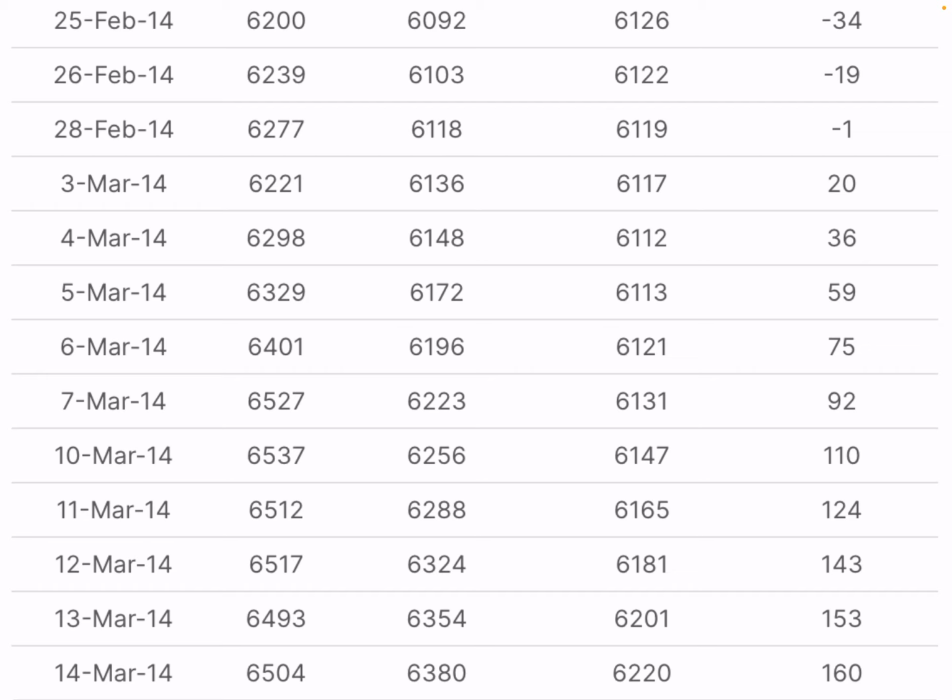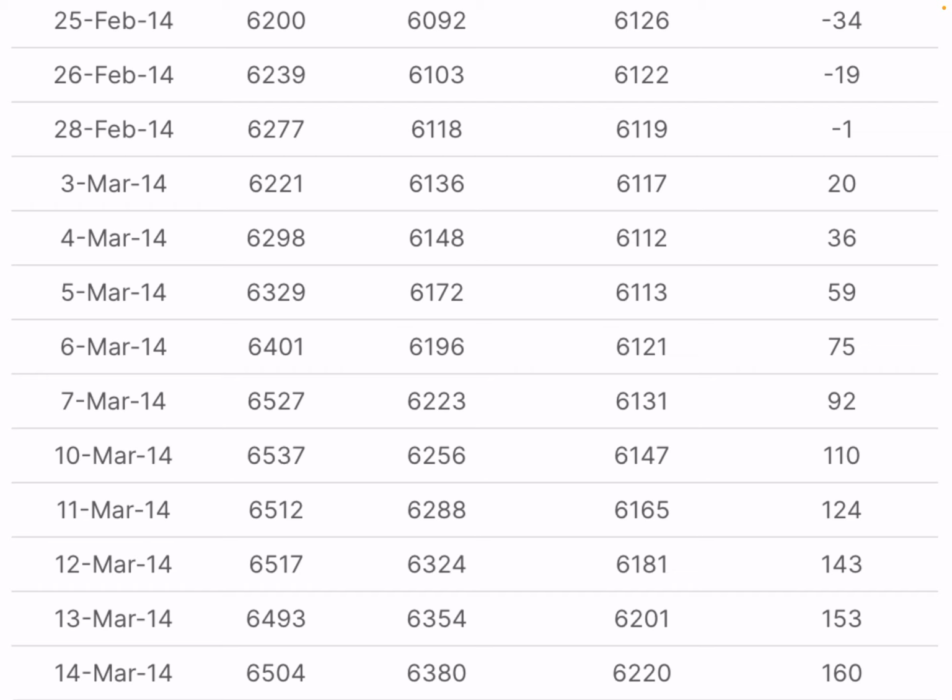The sign associated with MACD just indicates the direction of the stock move. For example, if the 12-day EMA is 6380 and the 26-day EMA is 6220, the MACD value is plus 160.